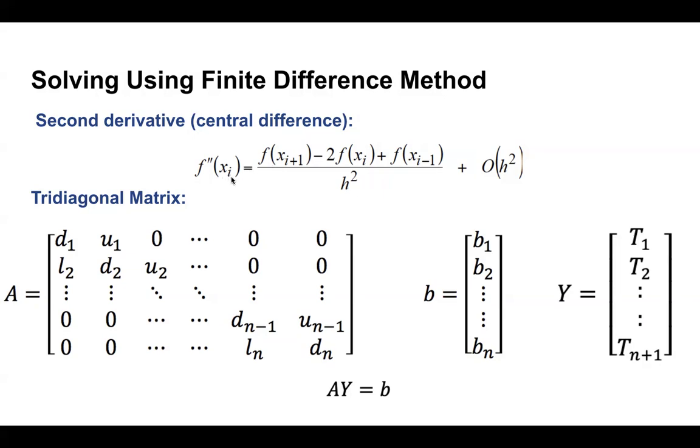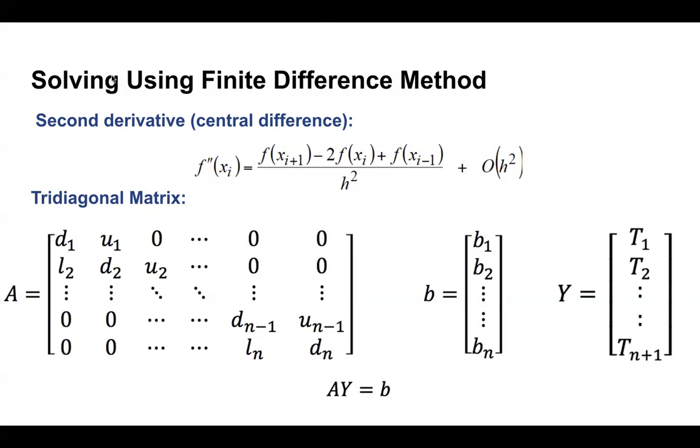The double derivative at the point xi will be equal to the function value at the next point in the grid, that is f of xi plus 1, minus 2 times the function value at that particular point, xi, plus the function value at the previous grid point, that is f of xi minus 1, divided by h squared, where h is the distance between the grid points. So that's what we do.